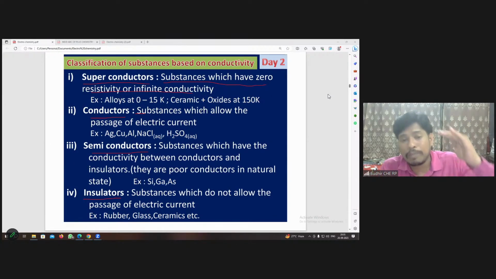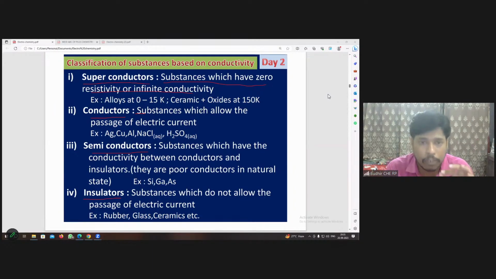That means conduction property is shown to the maximum extent by such materials. Conduction property is very high or at maximum extent in those kinds of substances.